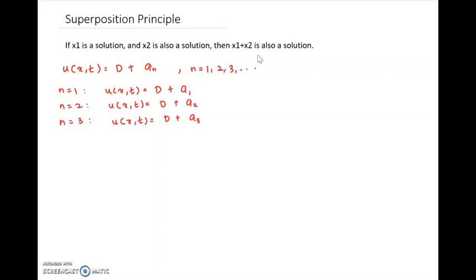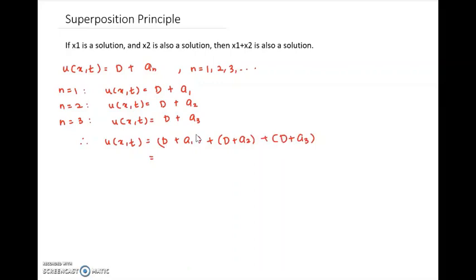The superposition principle says that if x1 is a solution and x2 is also a solution, then the combination in terms of summation is also a solution. So if D plus a1 is a solution, D plus a2 is also a solution, and D plus a3 is also a solution, then the combination, D plus a1 plus D plus a2 plus D plus a3, is also a solution to u.